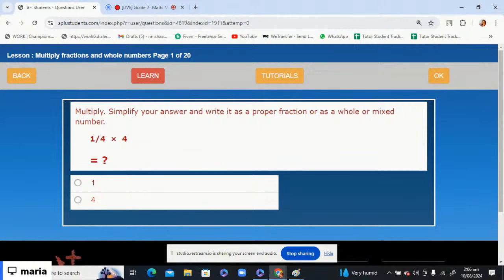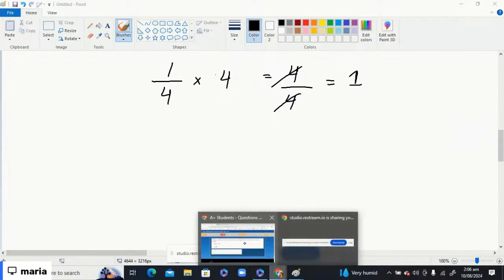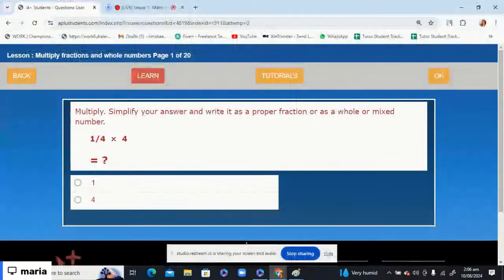We solve it this way. 4 times 1 is 4 over 4. These two cancel out and here we get the answer 1 because these both are the same. So when these are the same, this is 1.